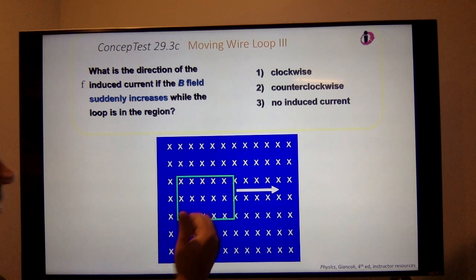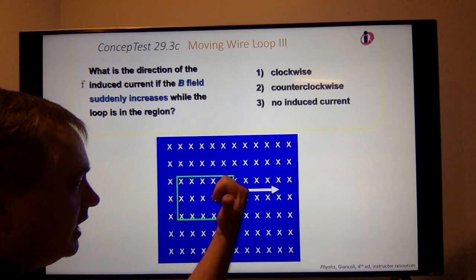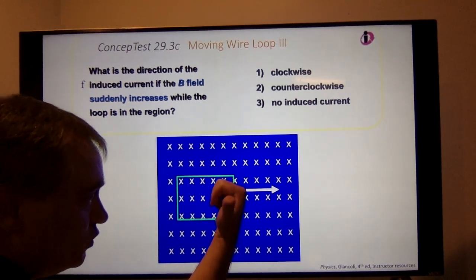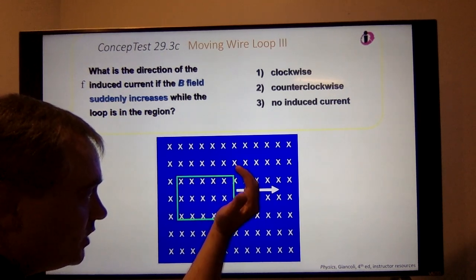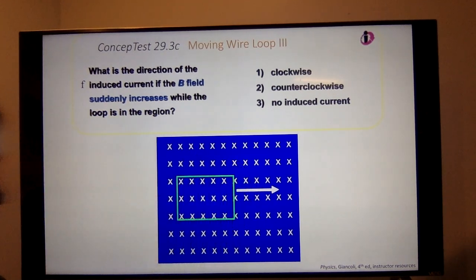Well, if that's the truth, then it wants to oppose that increase by creating an induced magnetic field in the opposite direction, which will cause an induced current counterclockwise. So you might imagine that we get B induced out of the page, which results in an I induced around that direction.